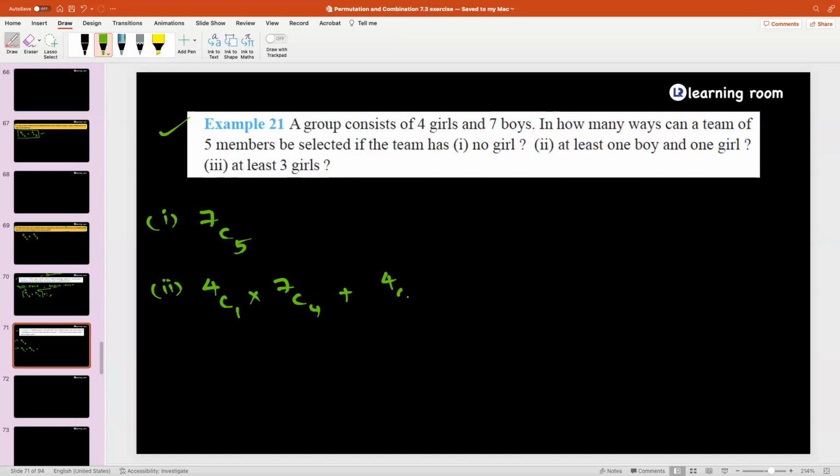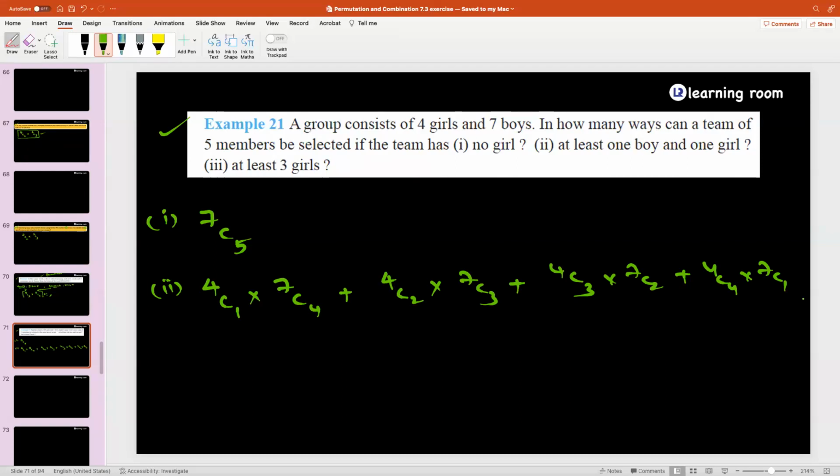Or 4C2 into 7C3, or 4C3 into 7C2, or 4C4 into 7C1. Make sense? So these are all the possible ways in which you can form a group.